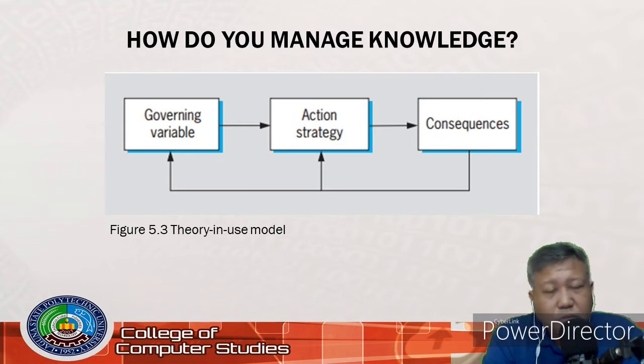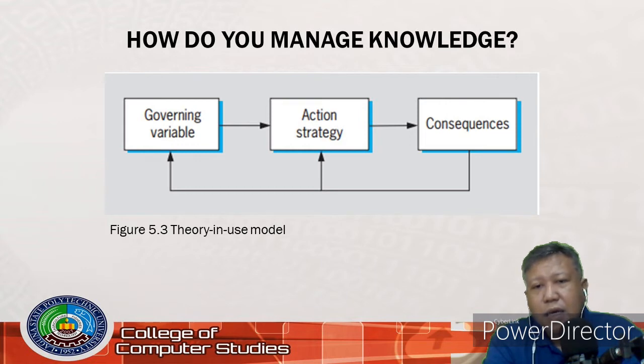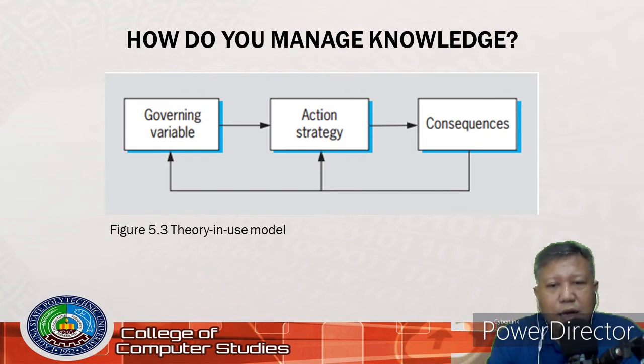Ito yung nakasanayan natin. Okay, then action strategy. From action strategy, may ginawa tayo, may enact tayo, then lalabas yung consequence, both the intended and the unintended consequences. And then either babalik tayo sa governing variable or sa action strategy.